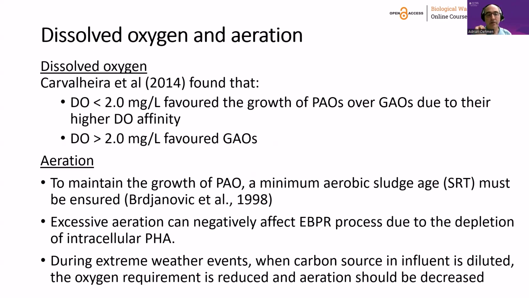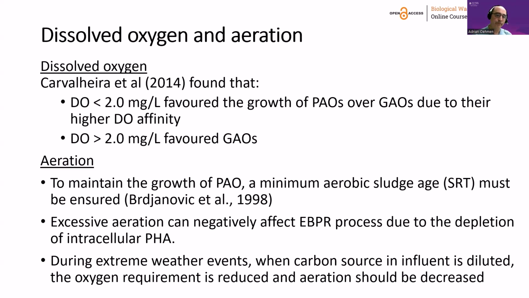If the PHA is fully depleted, they can then rely on glycogen or polyphosphate as a potential energy source too. But this depletes their storage polymers, and doing so will destabilize the process. That's not ideal for successful EBPR operation.